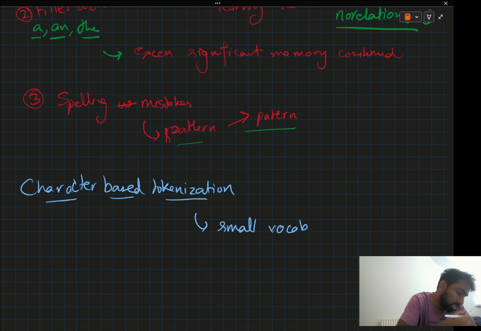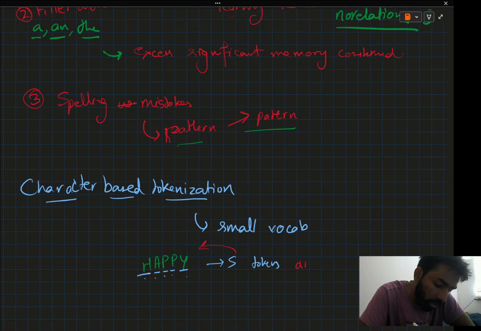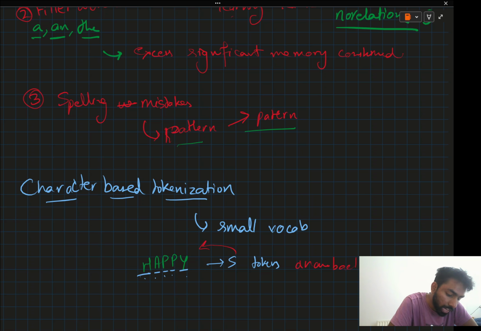For example, let's say there's a word called happy. Now each letter will be a token: H, A, P, P, Y. So because now we have five tokens explaining one single word, that's a drawback, because now we have huge context length.